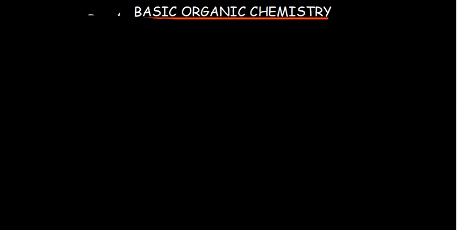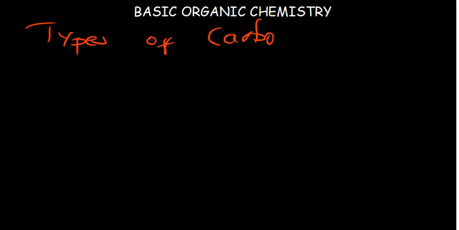As we look at organic chemistry, we can classify types of carbons in different ways. We can classify our carbon atoms based on the number of other carbon atoms that are connected to them.